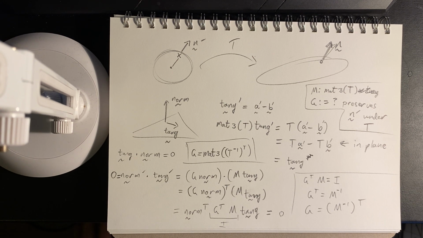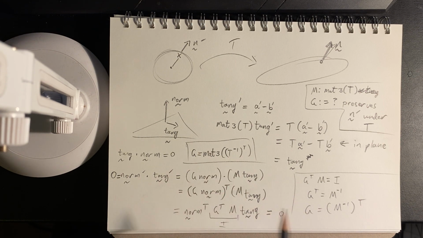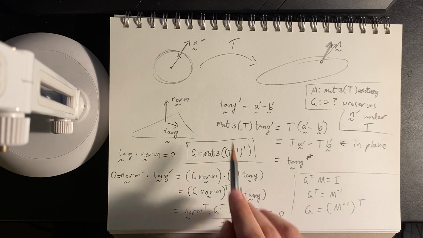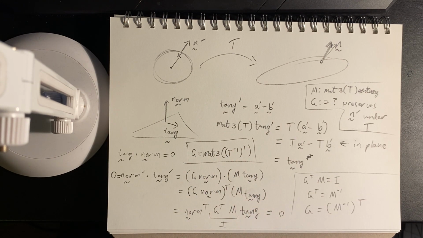Now there's a really cool result here. I know this is getting a bit weird, but there's a really cool result, and that is the fact that so far, for the ray tracing and for the normal transformations, it all had to do with the inverse of the transformation.